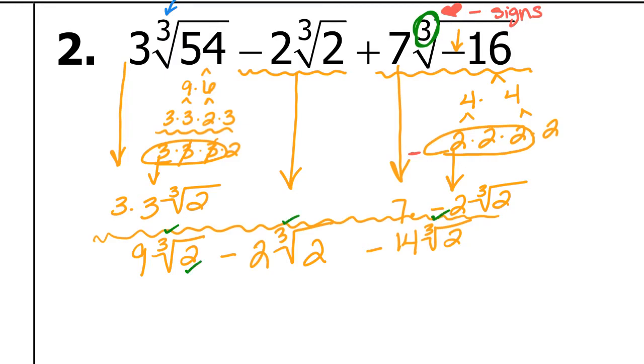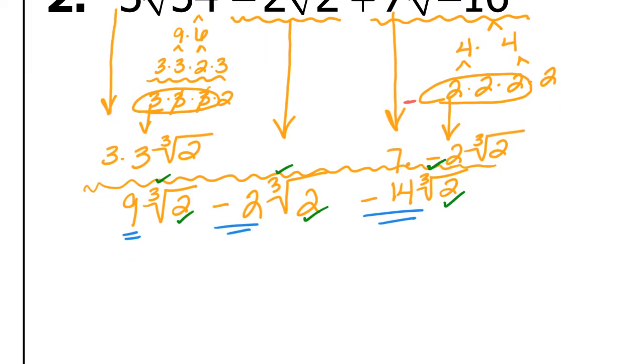All of them also have a radicand of 2, meaning that I can simplify using just the coefficients. So 9 minus 2 minus 14 is going to give me negative 7, and then I leave the common radicand. So negative 7 cube roots of 2.